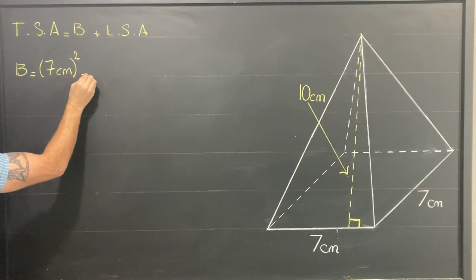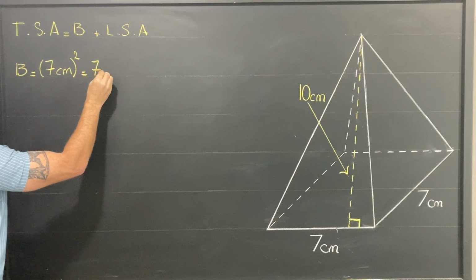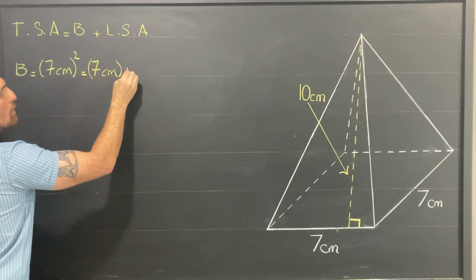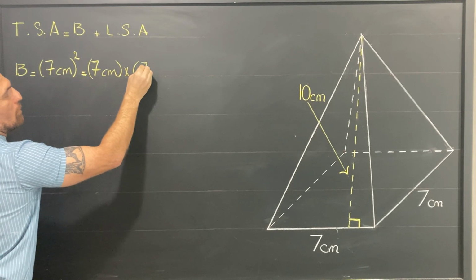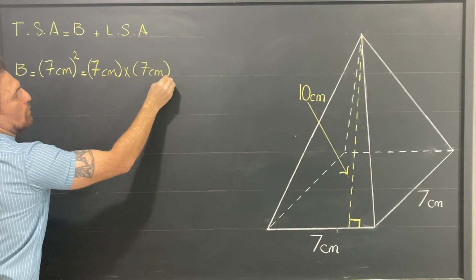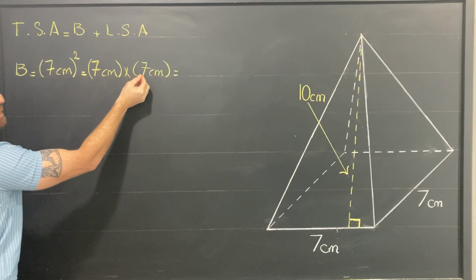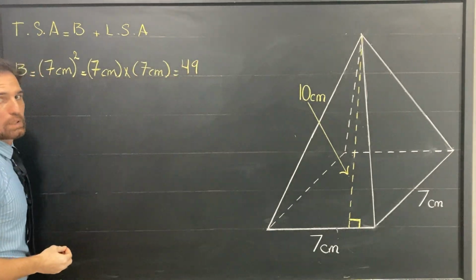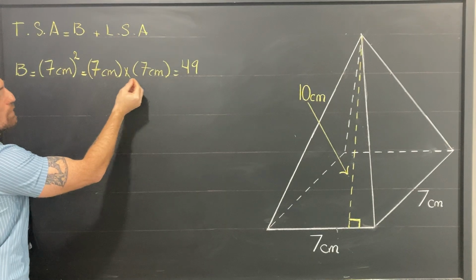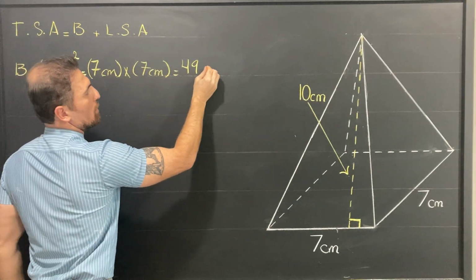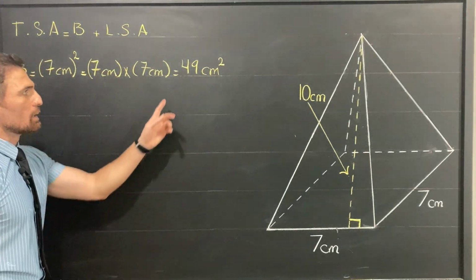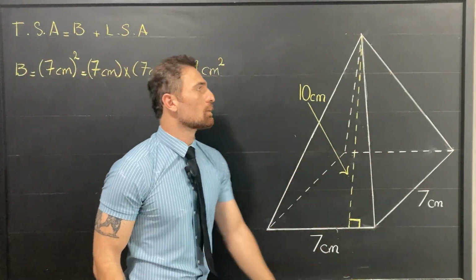The area of the square is 7 times 7, 49 centimeters times centimeters, square centimeters. This is the area of the base.